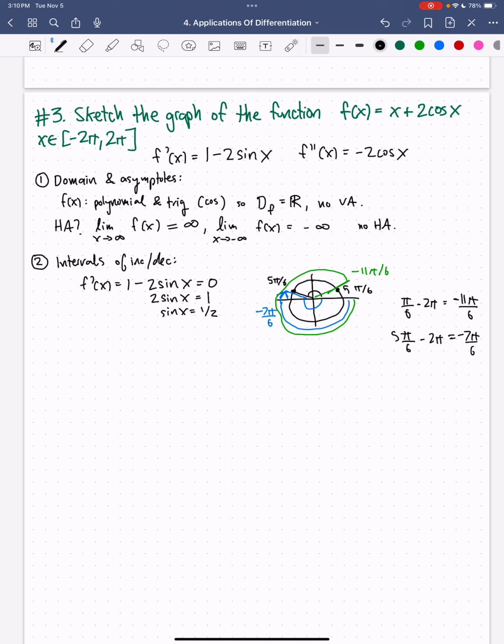All right, so that means our numbers that we need to consider are, let's put them in order. So we've got negative 11 pi over 6, negative 7 pi over 6, pi over 6, 5 pi over 6.